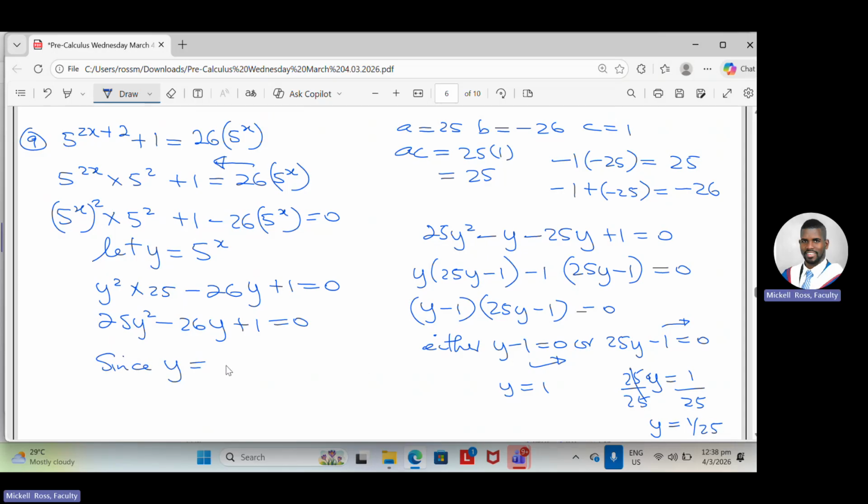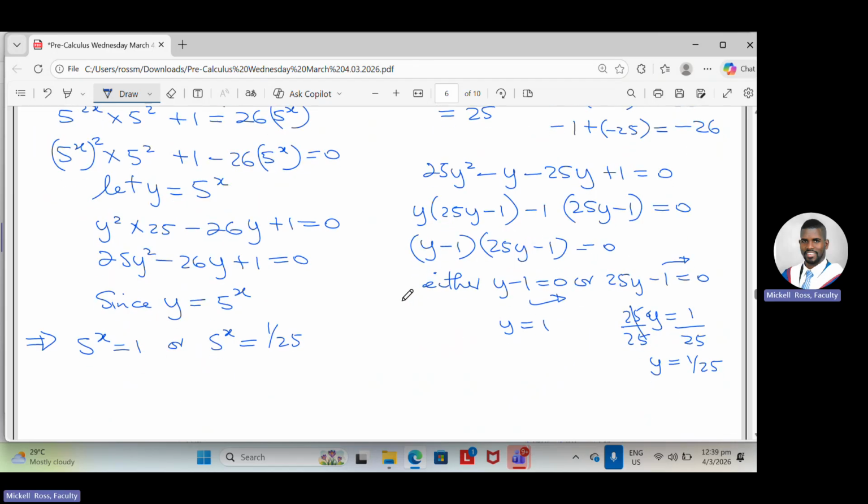Since y is equal to 5 to the x, this simply implies that we're going to get 5 to the x is equal to 1, or 5 to the x is equal to 1 over 25.